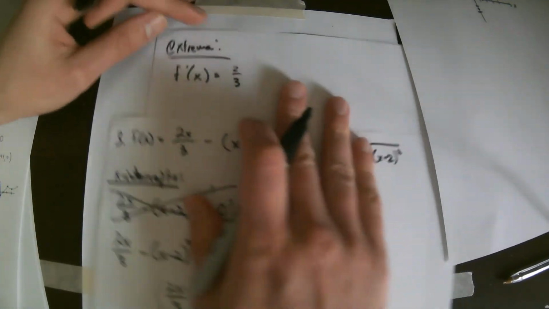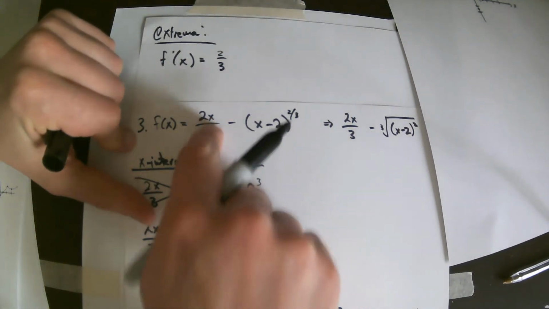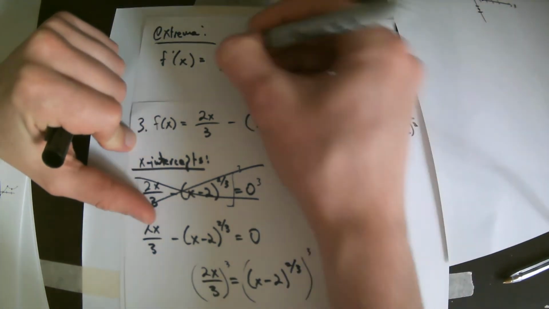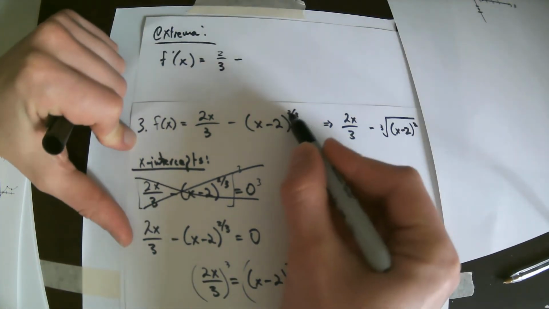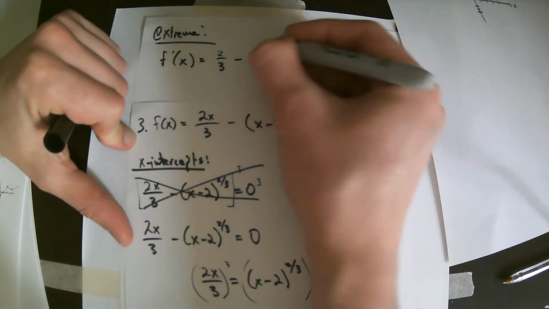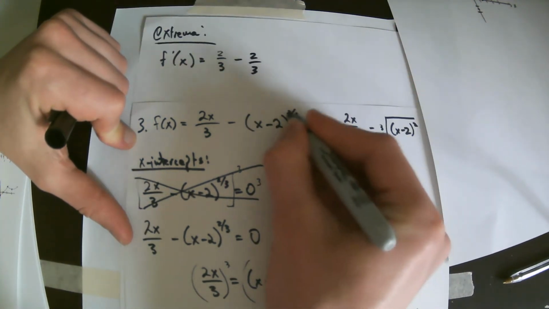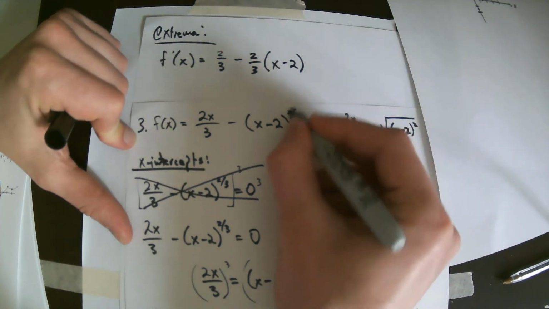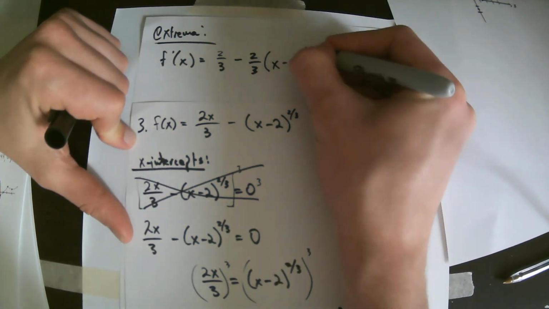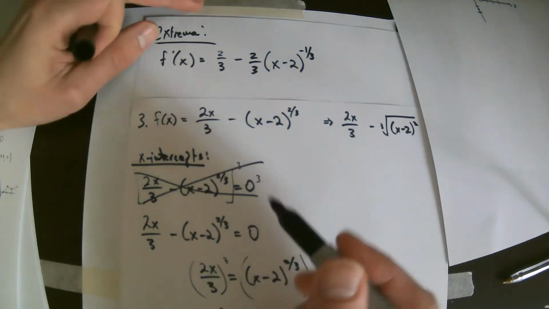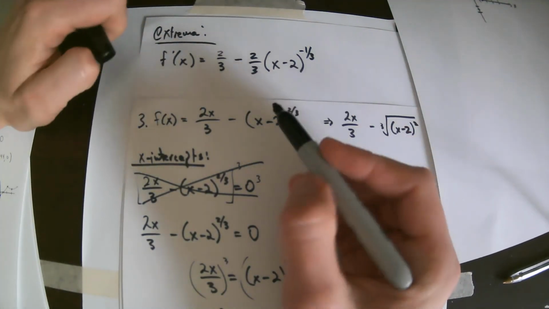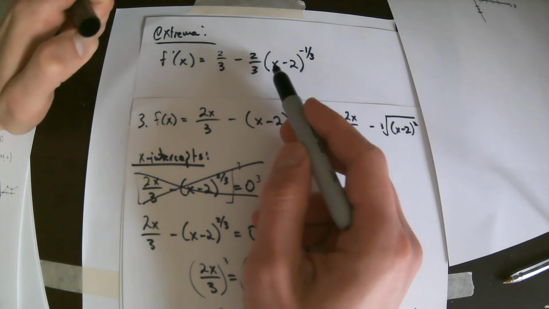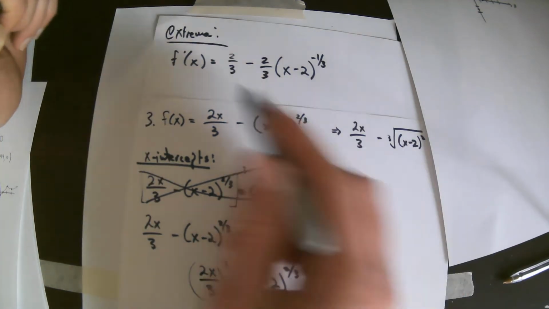So taking the derivative of this part will just give me 2/3, and then minus, okay, chain rule happening here, derivative of the outer with respect to the inner. So I'm going to drop that 2/3, becomes a coefficient. Copy the inner function and take the exponent down by 1, giving me negative 1/3. And then I multiply by the derivative of the inner, but the derivative of the inner function is just going to be 1. So it has no effect. So there we go.